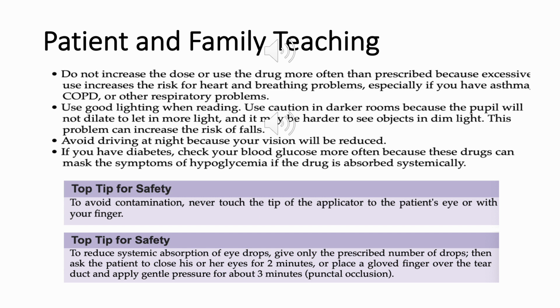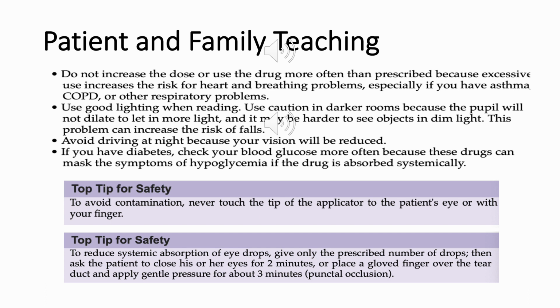Never touch the tip of the eyedropper to the patient's eye or with your finger, to avoid contaminating the tip. To decrease systemic absorption of eye drops, use only the prescribed amount. After giving the drops, ask the patient to close his or her eyes for 2 minutes. This reduces the amount of drug absorption systemically. Another option to reduce systemic absorption of the drug is punctal occlusion, also called digital nasolacrimal occlusion.